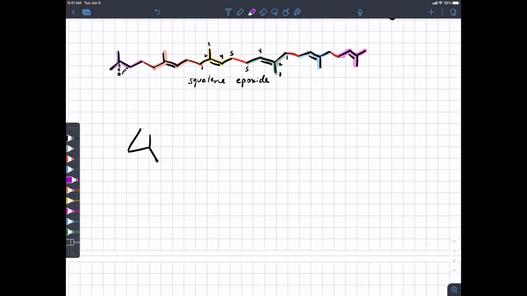So this is the purple isoprene unit. And here is the epoxide in front. I guess I could draw this bond a little bit better going back into the page.